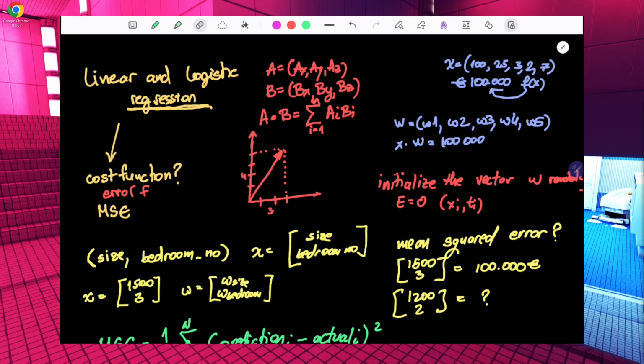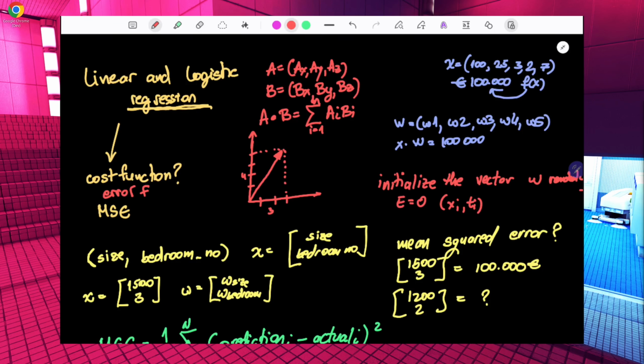So what regression analysts try to do is find the value of the parameters for the function that best fits an input dataset. So what do we have?